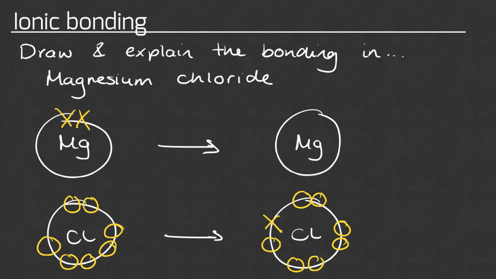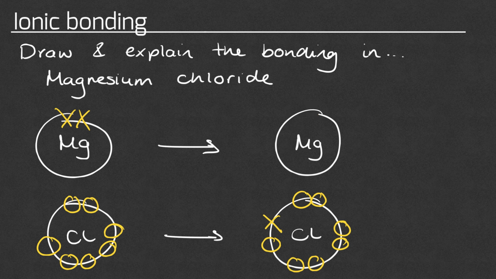However, in this case, chlorine only needs to gain 1 electron, so if we moved 1 electron from the magnesium to the chlorine, it would mean that the magnesium would still have 1 electron left over. If the magnesium has 1 electron left over, then it has still got an electron in its outer shell, and we know magnesium needs to lose both of them, so this can't be correct.